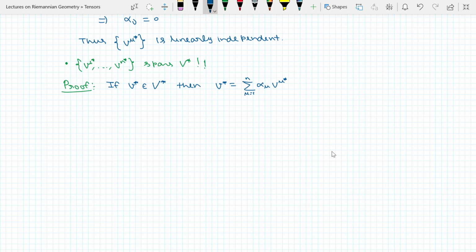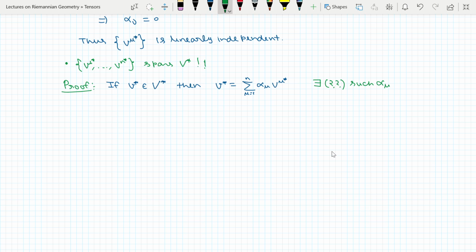But note that I will be able to do this only when I can find such scalars, alpha mu. So this is the question: does there exist such alpha mu's? This is what we need to show. To show that this set actually spans V star, the dual space, the only thing I need to show is the existence of a scalar for which any element of the V star can be written as the linear combination of the elements V1 star to Vn star.